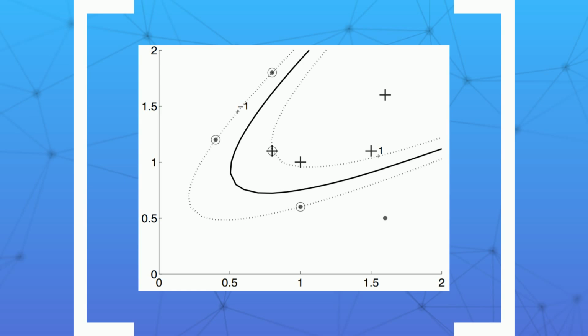So again, the circled instances are the support vectors, and we can see that we are really having a nonlinear solution here, even though we used linear methods to find this. And this is using a polynomial kernel applied to the original features to then use a linear method to solve for the optimal separating hyperplane.